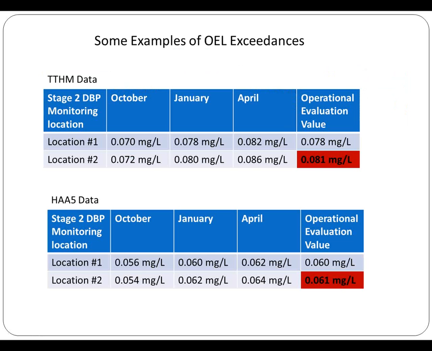Here are some numbers plugged into that calculation where we have 2 sample locations from October, January, and April, which resulted in an OEL at one of the sites but not at the other, but it still triggers an entire evaluation of the system.